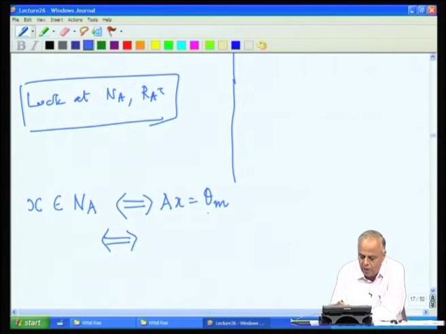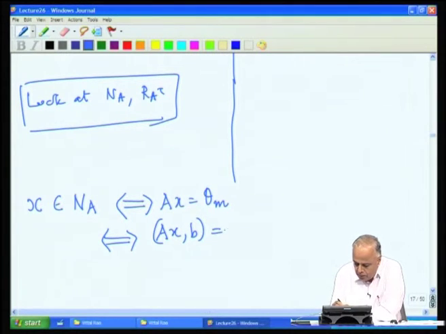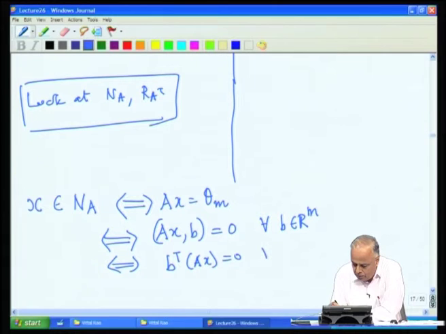Since it is the 0 vector on the Rm side, it must be orthogonal to all the vectors on the Rm side. That means its dot product with all the vectors on the Rm side must be 0. So, <Ax, b> must be equal to 0 for every b in Rm. But what is the definition of the dot product? It is b transpose Ax must be equal to 0 for every b in Rm.